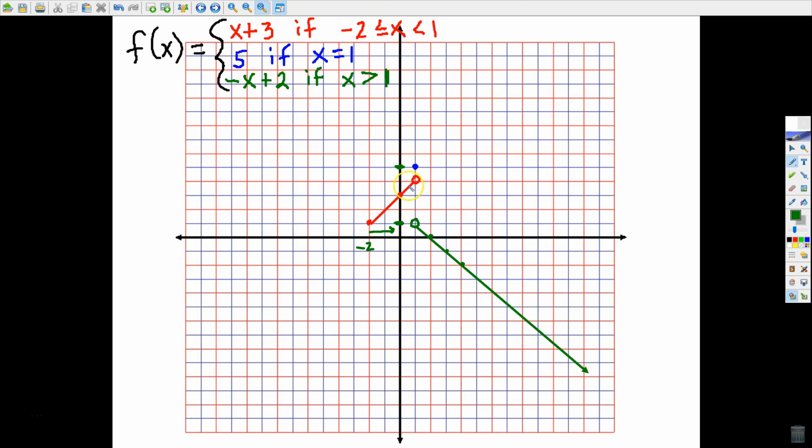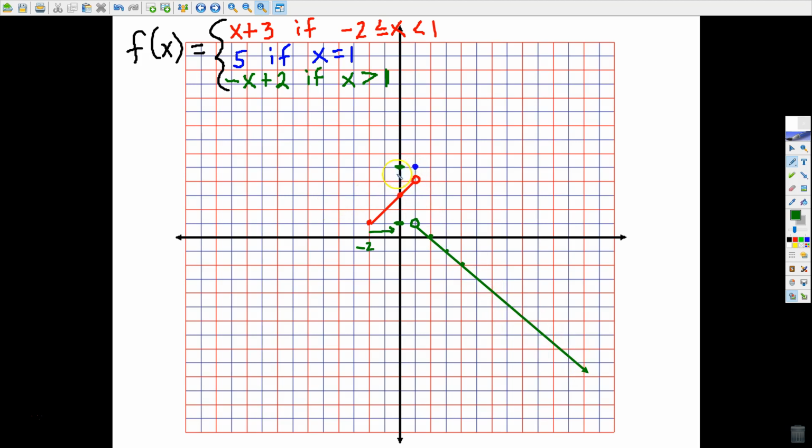And then from there, we start at 4 and work our way down. If you combine the red piece together with the green piece, we're basically talking about every number less than 4 as part of the range. This red segment gets picked up by this green ray and then continues on forever.